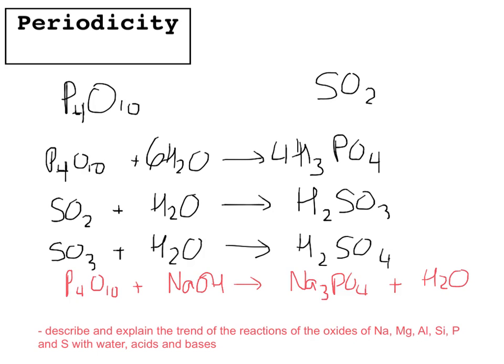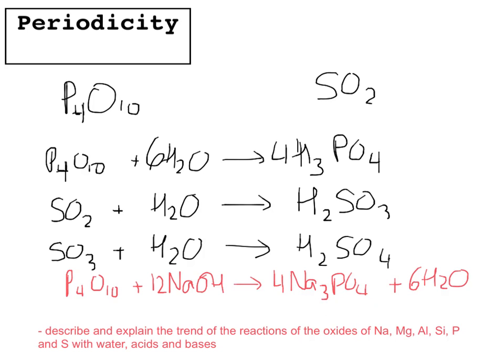And you would need 4 of these, 12 of these, and 6 of those, I think. So again, it's basically an acid plus base makes salt and water, but you've just got to be aware that this is your salt. You need 3 sodiums to go with the phosphate ion.